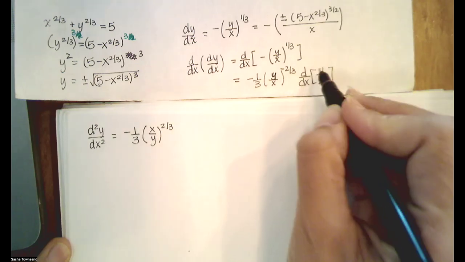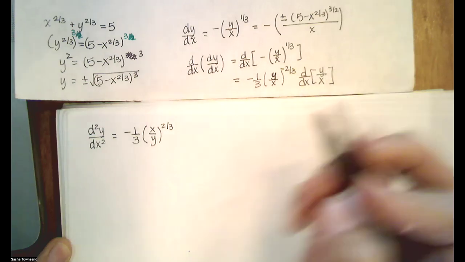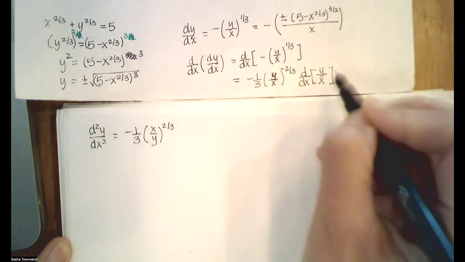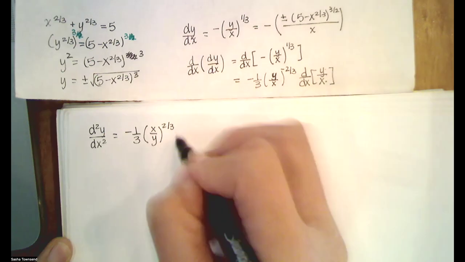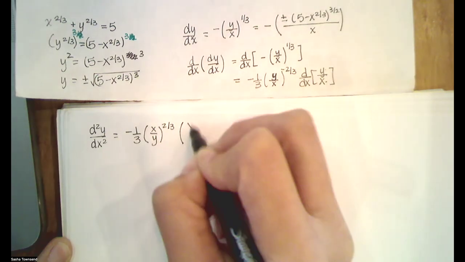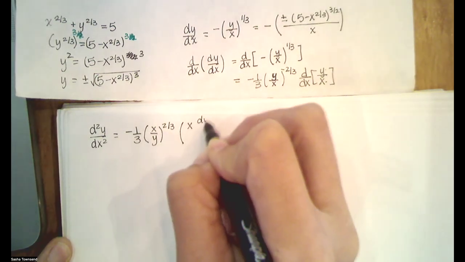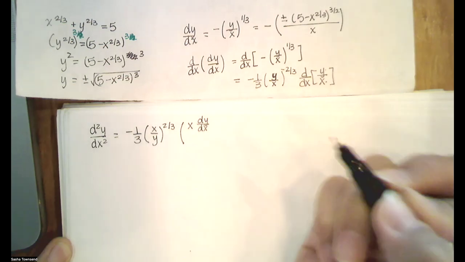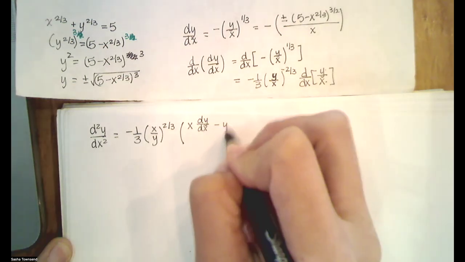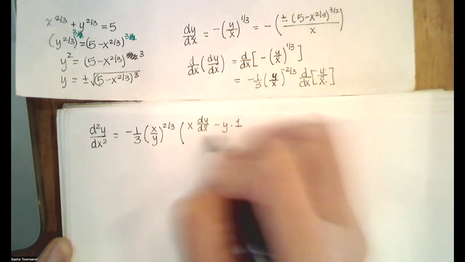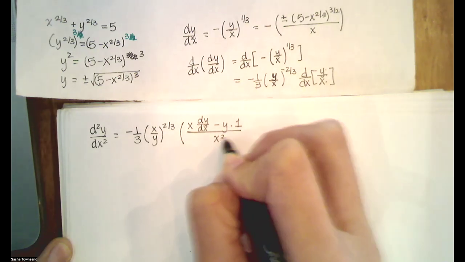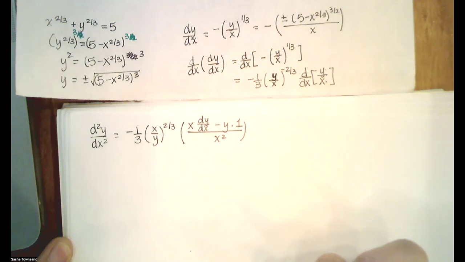And then for this, we would use the quotient rule. So I've got, this is my high function, that's my low function. I'll have low d high, the derivative of y with respect to x can just be represented by dy dx, minus high d low, derivative of x is 1 with respect to x, all divided by low x squared.